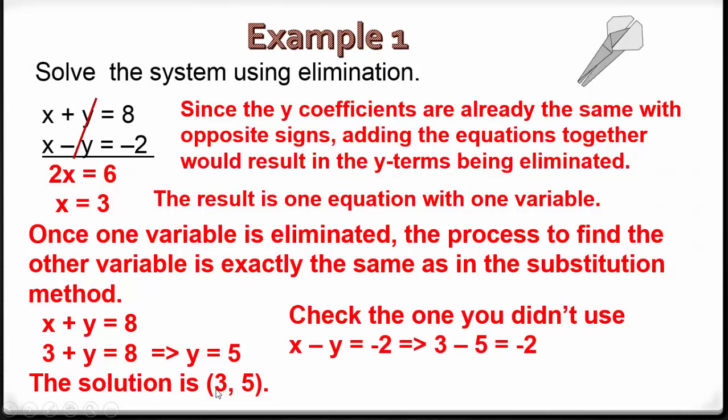So I will substitute in 3 where I see x and 5 where I see y, so I get 3 minus 5 is equal to negative 2. And I see that 3 minus 5 indeed is equal to negative 2.